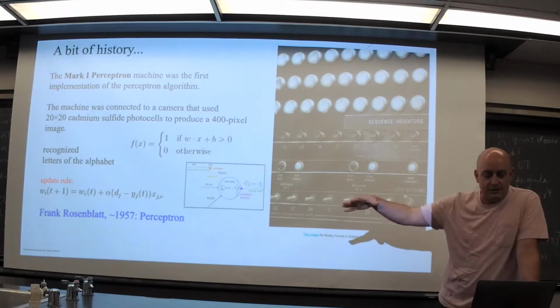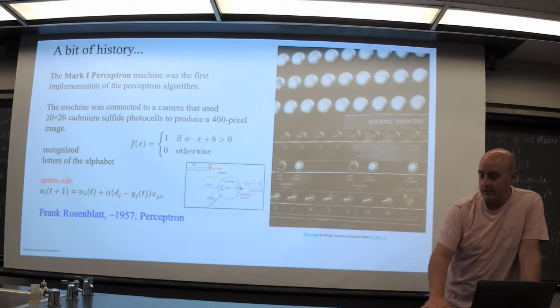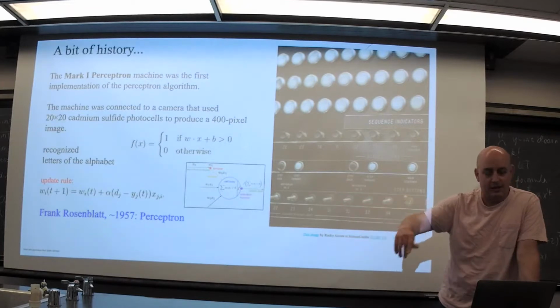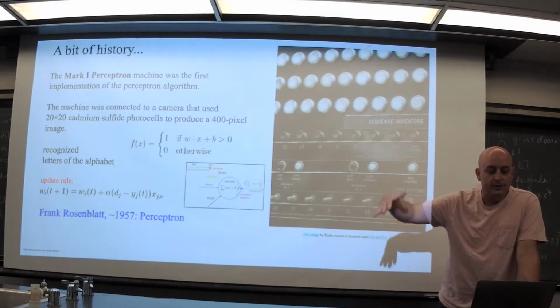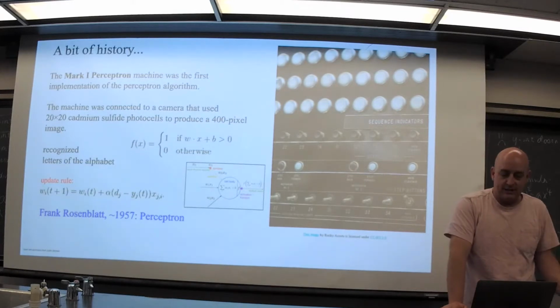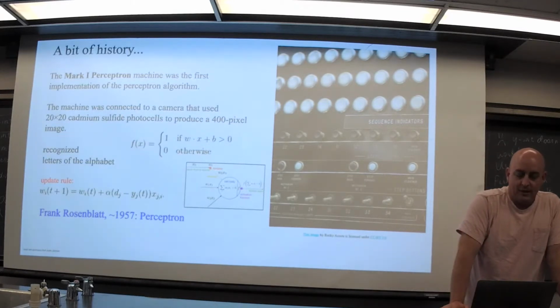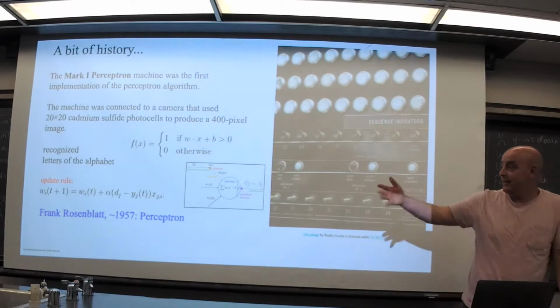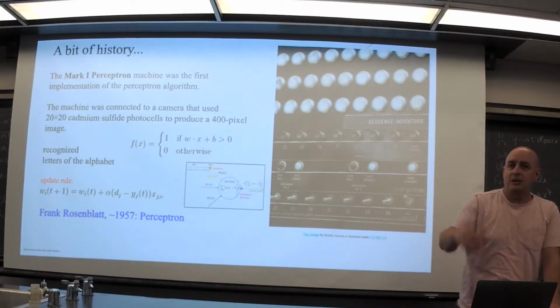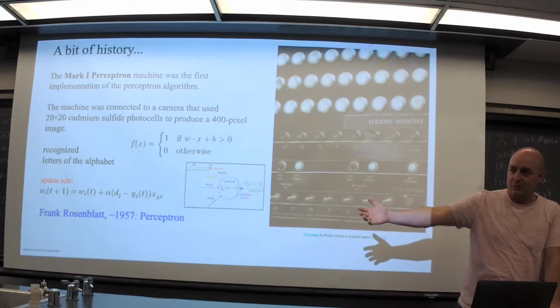I don't have it here in the history, but not too long after that, a couple of famous AI people from that time period wrote a whole book called Perceptrons, actually. So Frank Rosenblatt, who was the inventor, didn't write the book. It was actually these symbolic AI people. They wrote a book about perceptrons and literally described what they were, the architecture, the computational ideas, but then spent most of the book saying why they were a terrible idea.